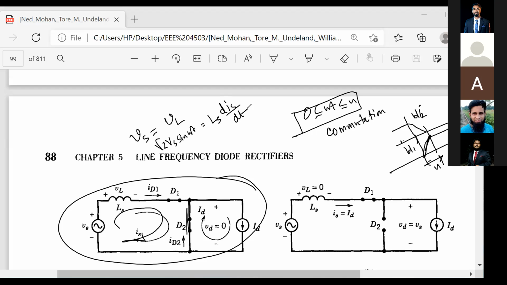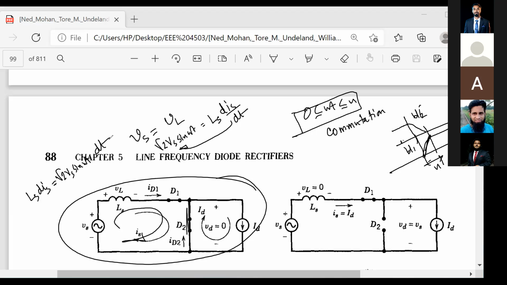Right or wrong? Yes, sir, you're right. Then Ls dis, if you multiply this way, will be root 2 Vs sine of omega t dt. Can I write this?